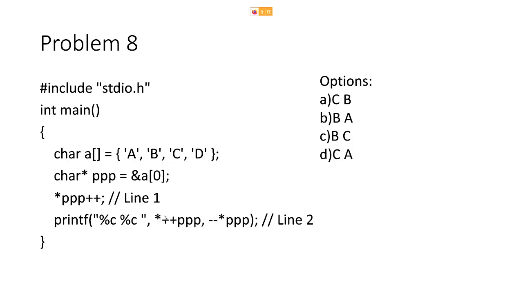So the value at this address is now C. The address of A is in the variable PPP. So star is just to dereference those. Star means it just reads the value at the address. Yeah, star is the dereference operator, which reads the value at this address.